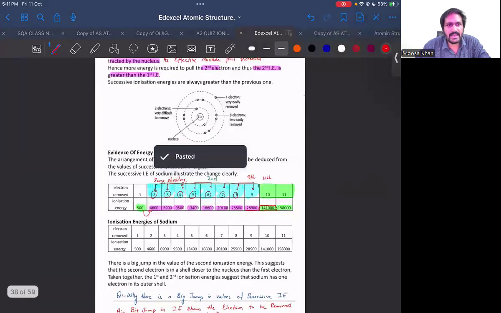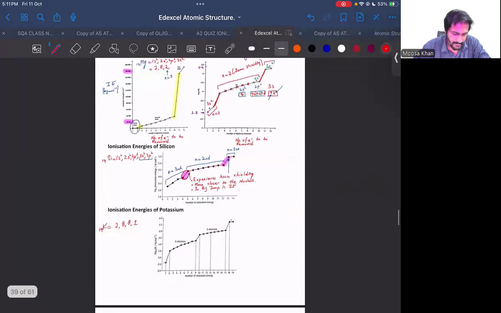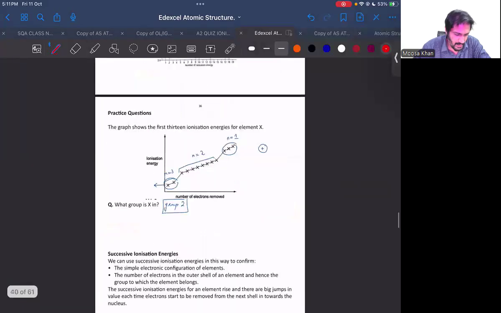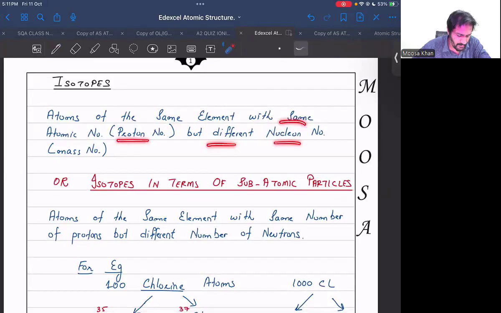Yes, isotopes are the atoms of the same element with the same number of protons but a different number of neutrons.